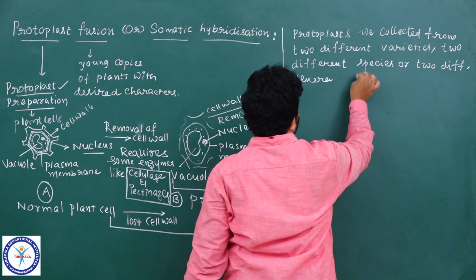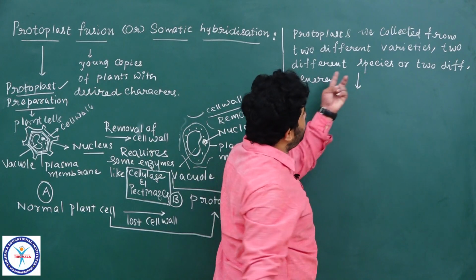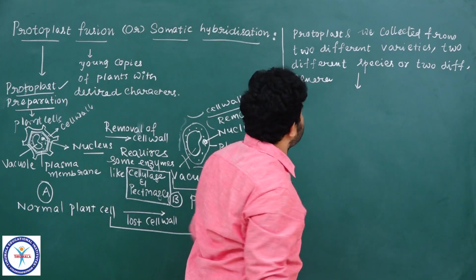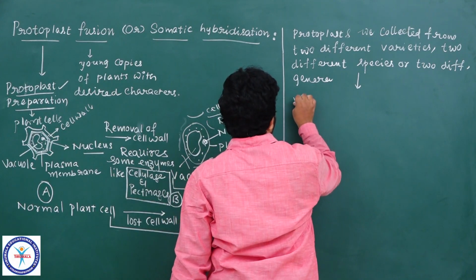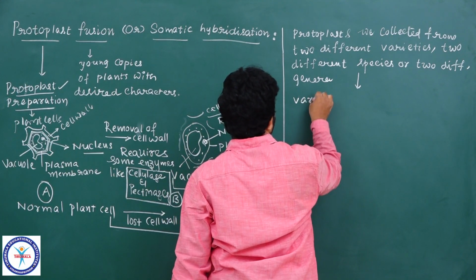We have to collect them from in between two different varieties or two different species or two different genera.